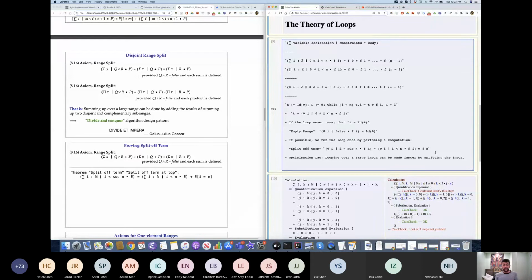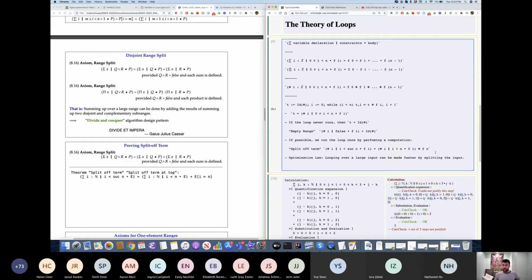Whenever you have a list, you can do the first part and then the second part, because they're disjoint. There's no overlapping between the two parts.